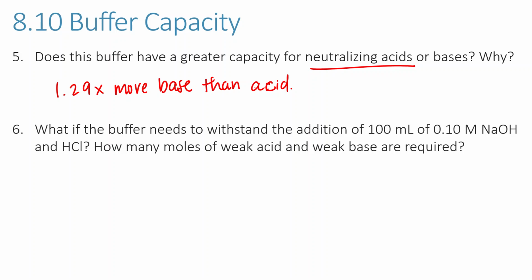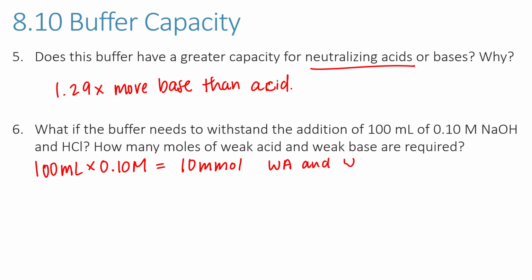So if I have 100 milliliters of 0.1 molar acid or base, that's going to give me 10 millimoles. So this buffer needs at least 10 millimoles of my weak acid and weak base. So 10 millimoles of each of those is what we need here. So I still want my buffer to have a pH of 4.3.